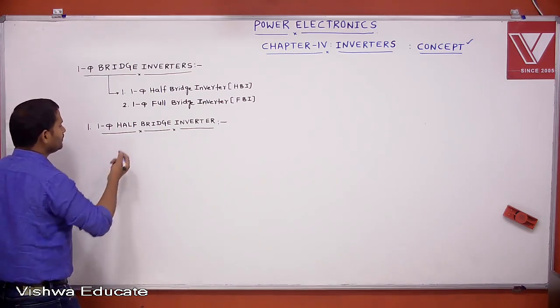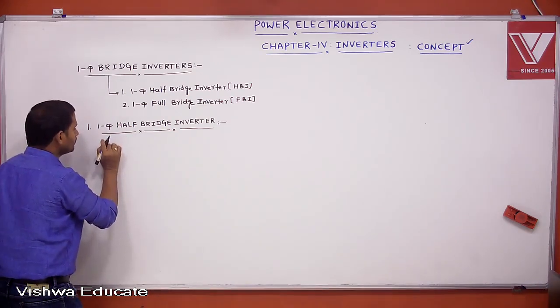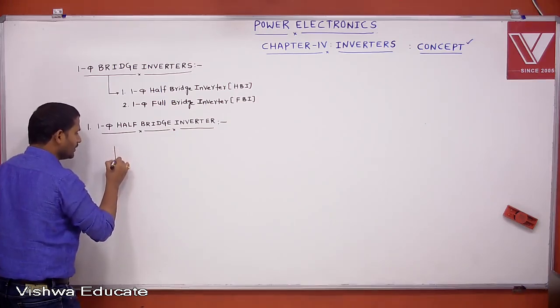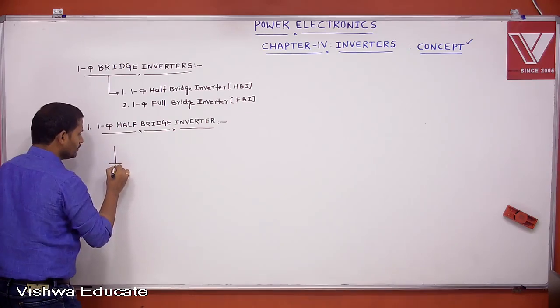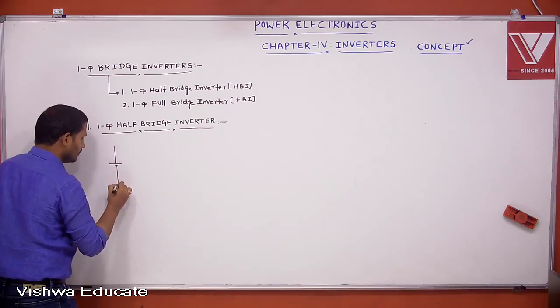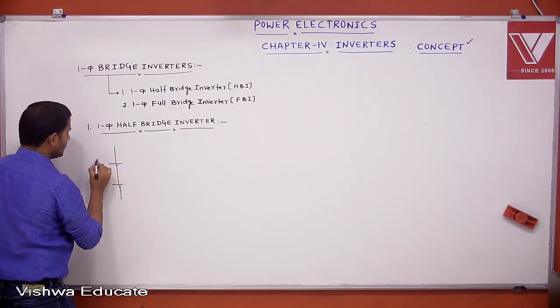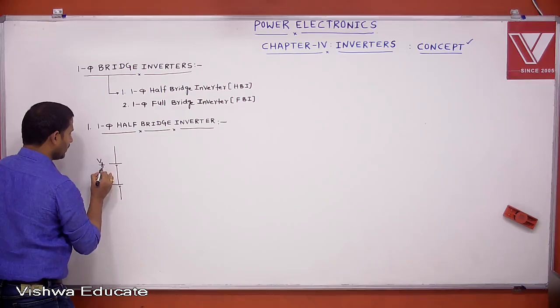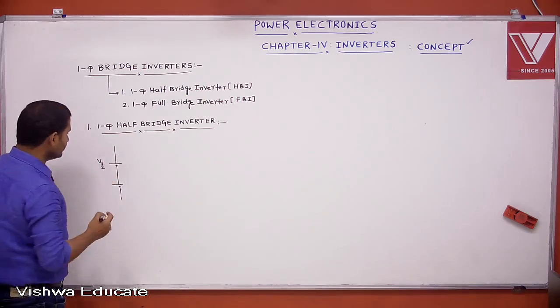Listen please. Now this is the configuration of the half bridge inverter. This is Vs by 2.